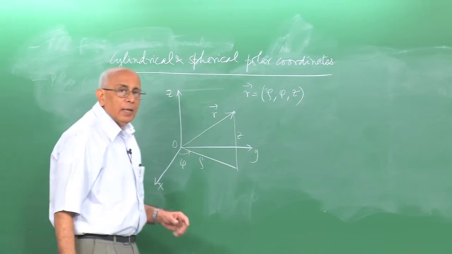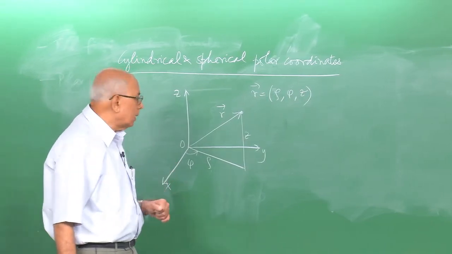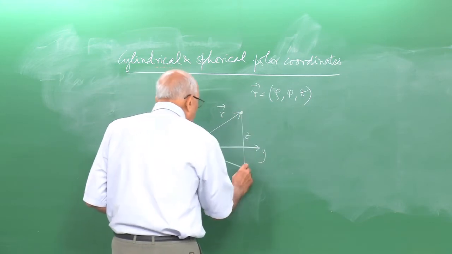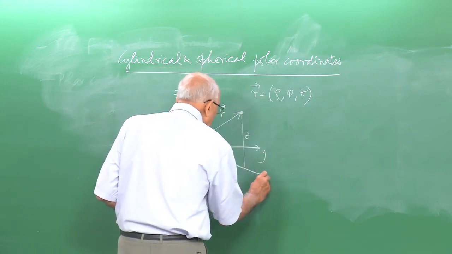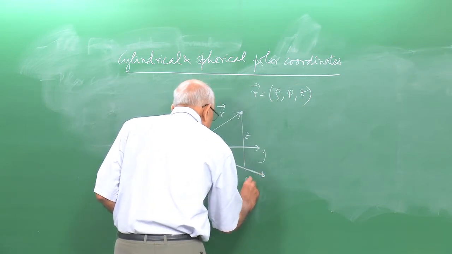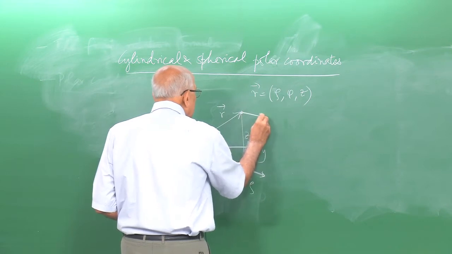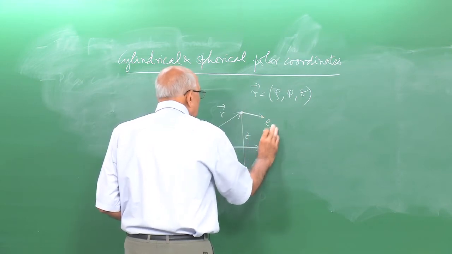What we need to look at are the unit vectors in this coordinate system at any point like this. One of them would of course be along rho. So that's the unit vector e subscript rho, and when you bring it up there, it's this direction, e sub rho.